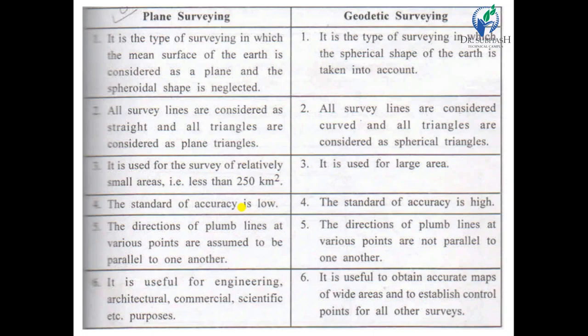The standard of accuracy is low in plane surveying, while in geodetic surveying the standard of accuracy is higher. In plane surveying, the directions of the plumb line at various points are assumed to be parallel to one another, while in geodetic surveying the directions of the plumb line at various points are not parallel. Plane surveying is useful for engineering purposes, while geodetic surveying is useful for accurate mapping of wide areas and for control points for all other surveys.